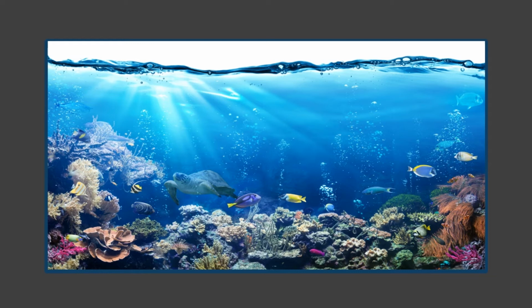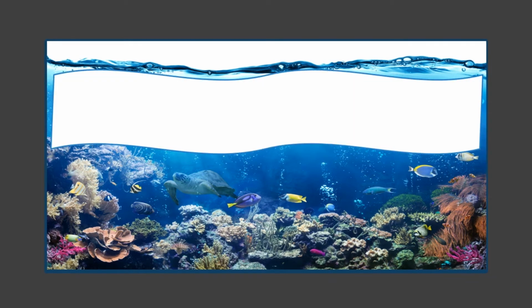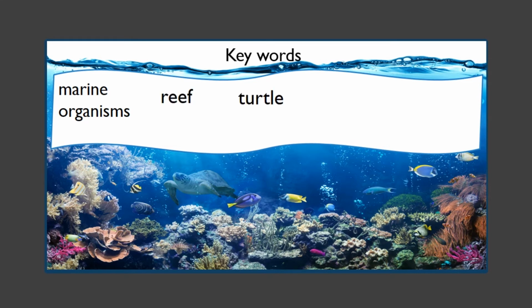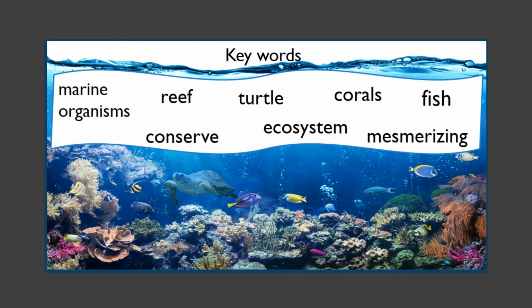Are there any animals, any corals that you can identify here? Here are your keywords. You can note them down. I'll read it out to you. Marine organisms, reef, turtle, corals, fish, conserve, ecosystem, and mesmerizing.